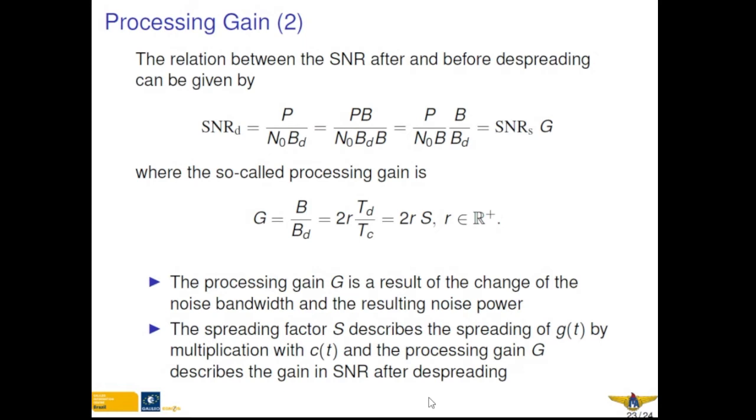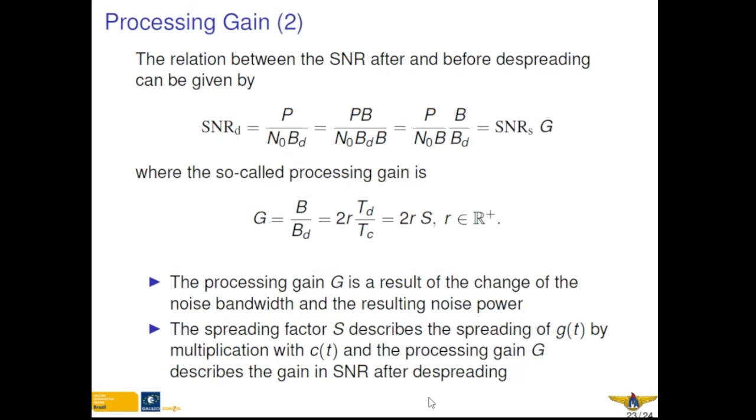And the spreading factor describes the spreading of G of t by multiplication with C of t, and the processing gain describes the gain in SNR after the spreading. This is how you can separate the two. A special case is, for example, if R is 1/2, then the spreading factor is equivalent to the processing gain.